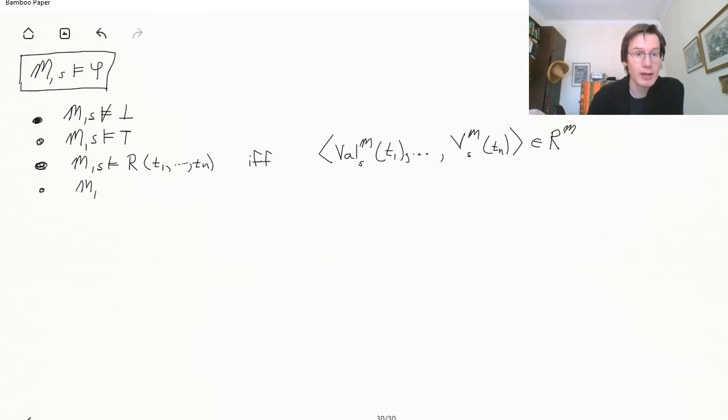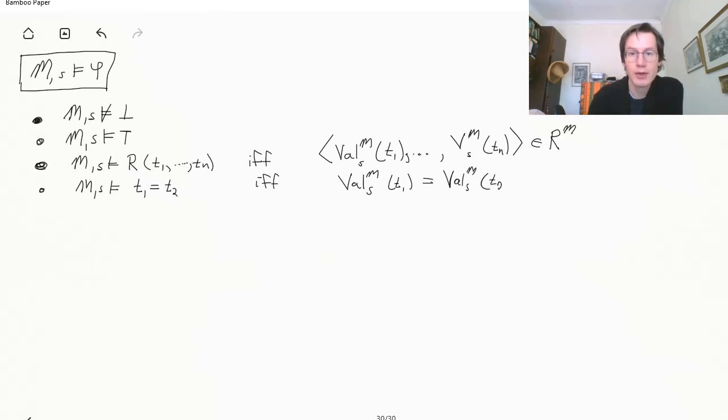The second way that an atomic formula could look is the equality between two terms, T1 equal to T2. Intuitively, we want that to be true if and only if the values of those two terms in the structure relative to assignment S were the same. Yes, that is indeed what we would want, and we simply specify it to be that.